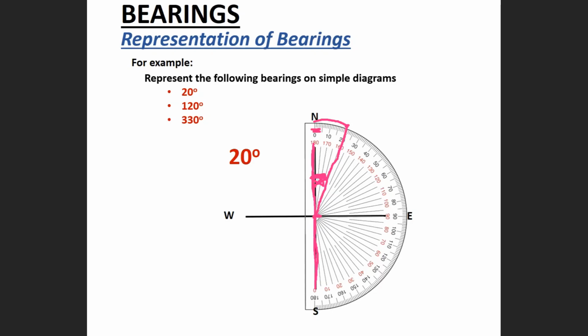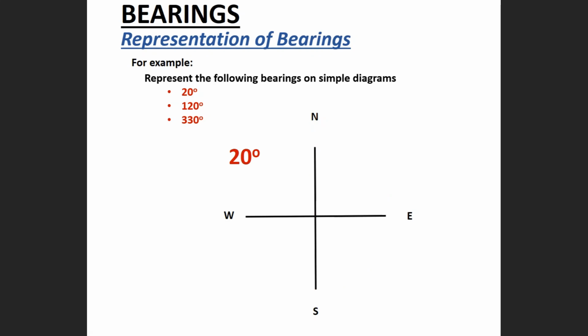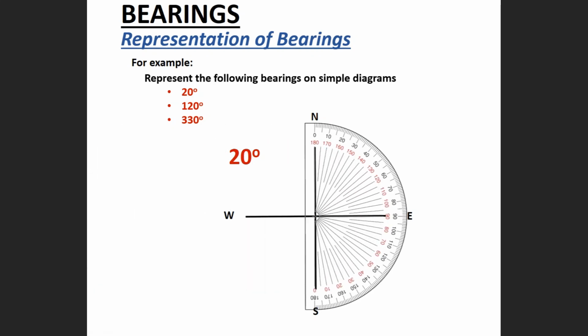Let me show you what I'm talking about. Let me remove the protractor and bring it back again. Place it on it. I've read it from north, which is 0 degree, all the way to 20 degrees.